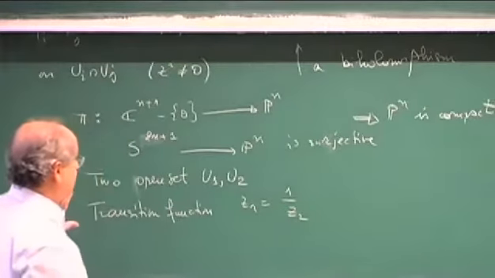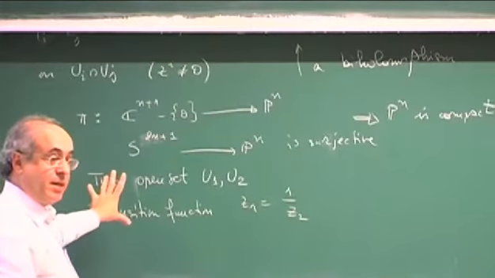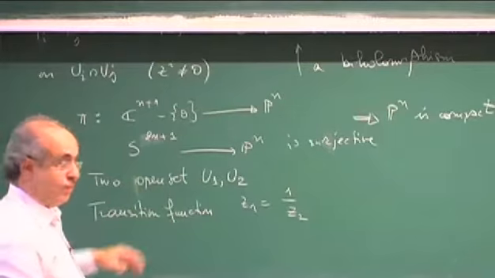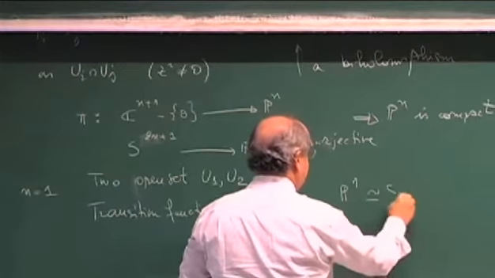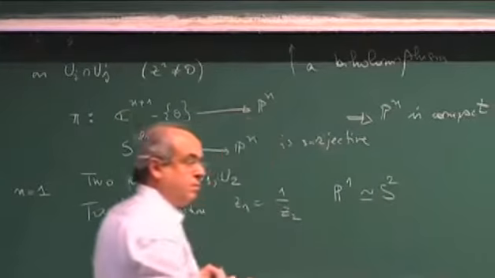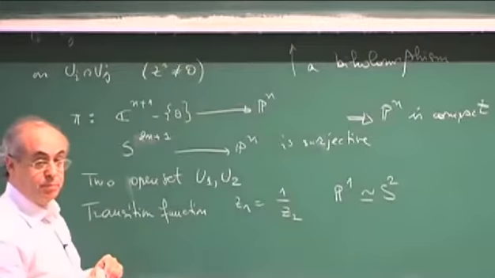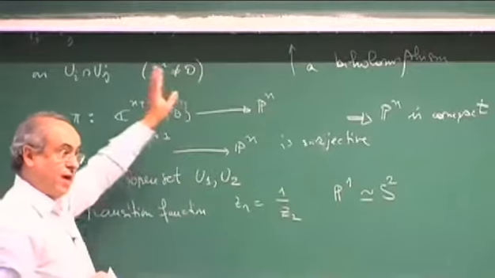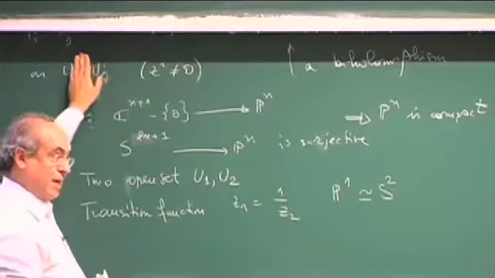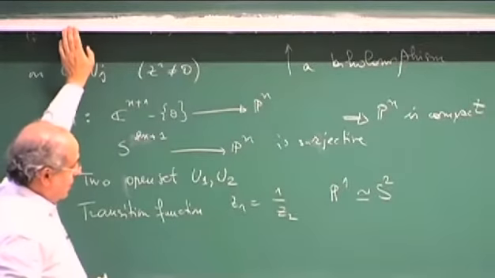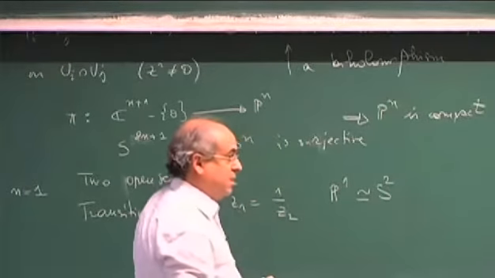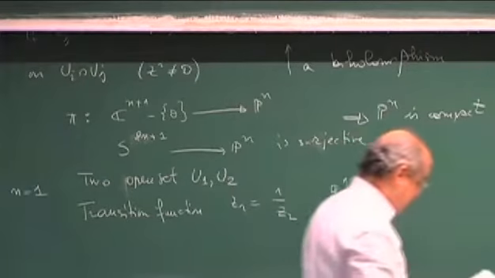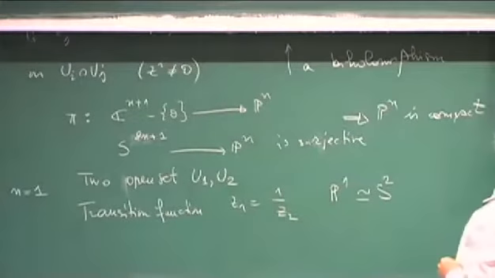And this is a possible atlas for the sphere S2. This means that P1 as a differentiable manifold is S2. So topologically it's a sphere. Of course this is wrong for higher values of n. But this is true for this case. Indeed, this is sometimes called the Riemann sphere. Okay? So this is the first example.